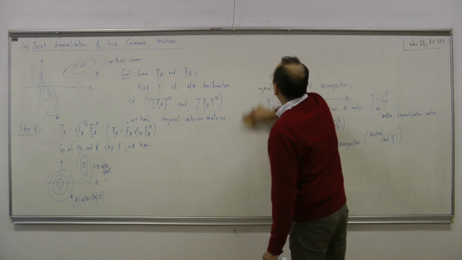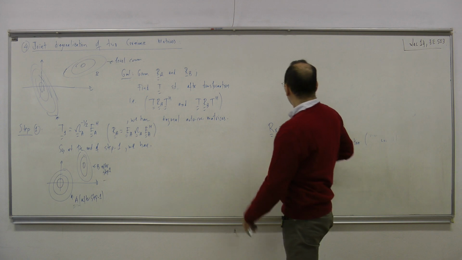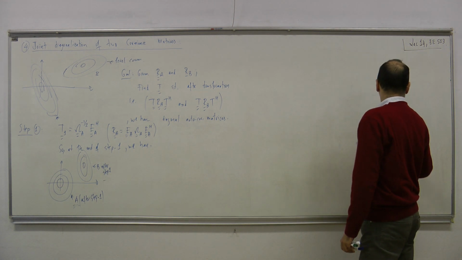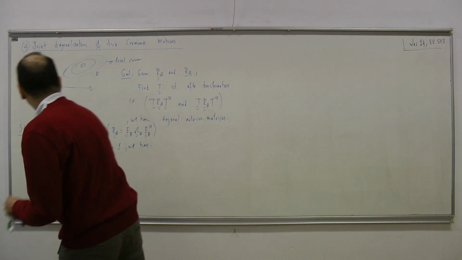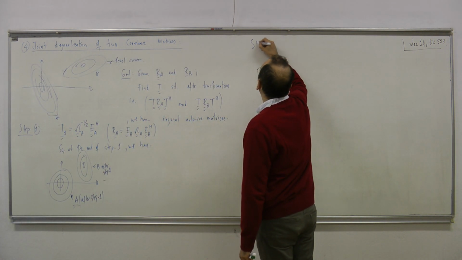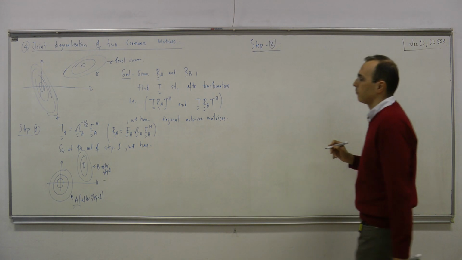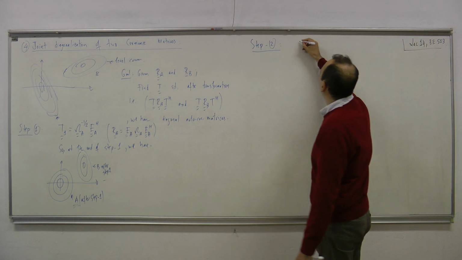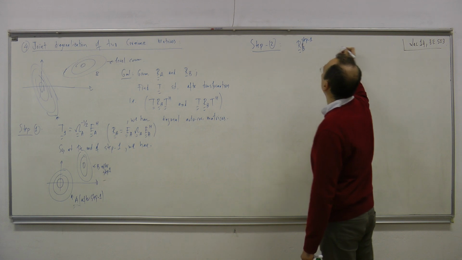So the remaining part is diagonalization of B after step number 1. So how can I diagonalize that one? Step 2. This is rather easy. So let me define RB, let me say, after step 1.